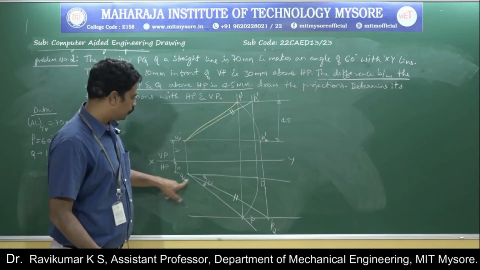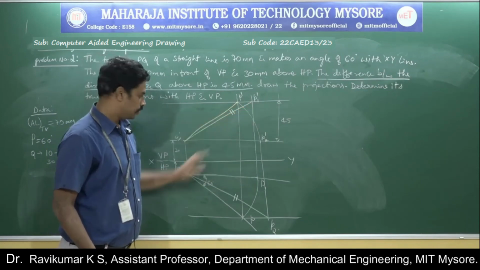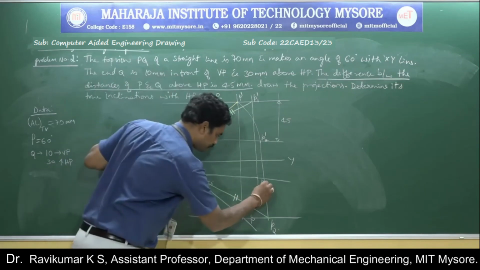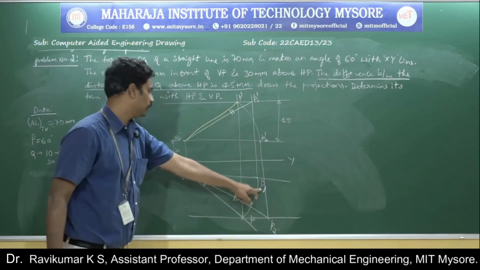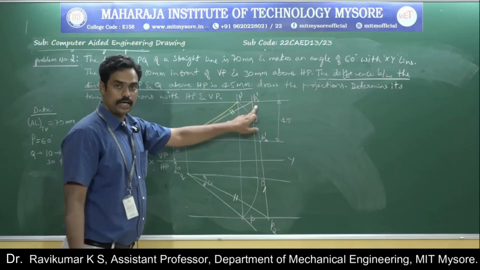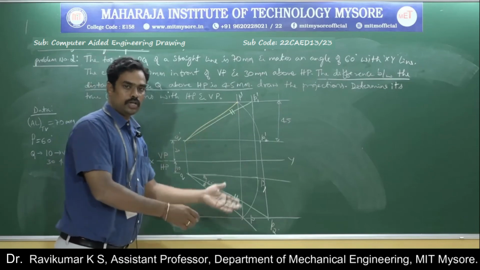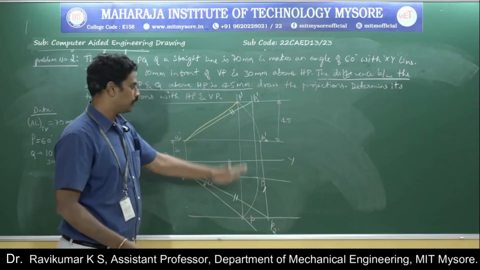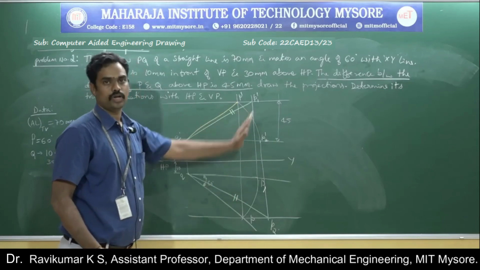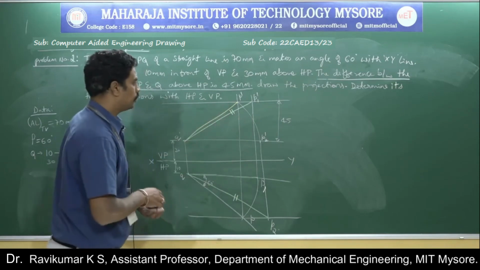Then if you observe Q, P1 and Q dash, P1 dash, it is again one of the cases, inclined to HP and parallel to VP. So you need to reduce the given problem into one of the cases of 4 or 5. Then you need to measure the unknowns.